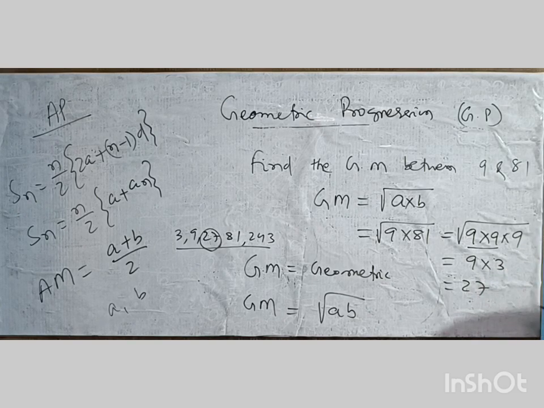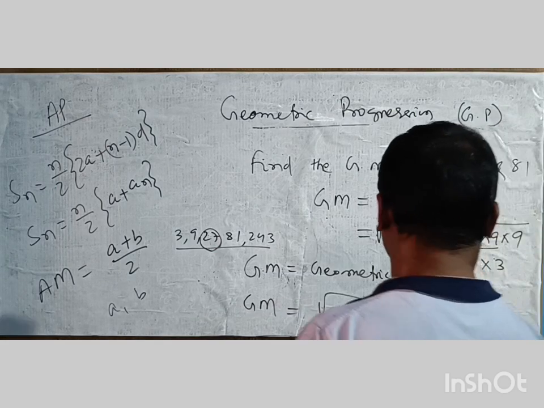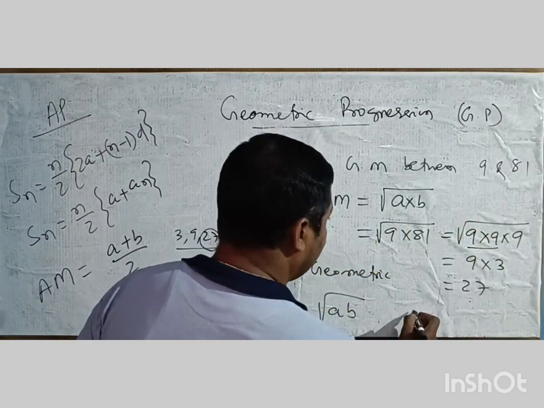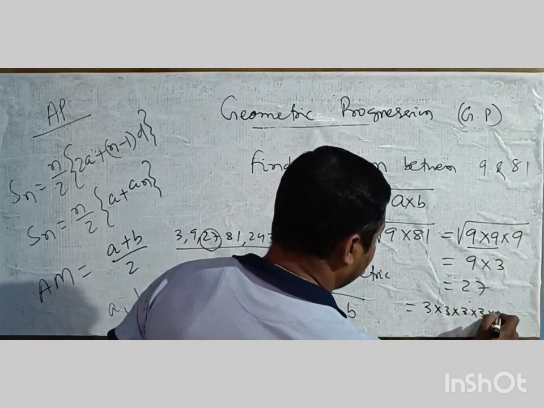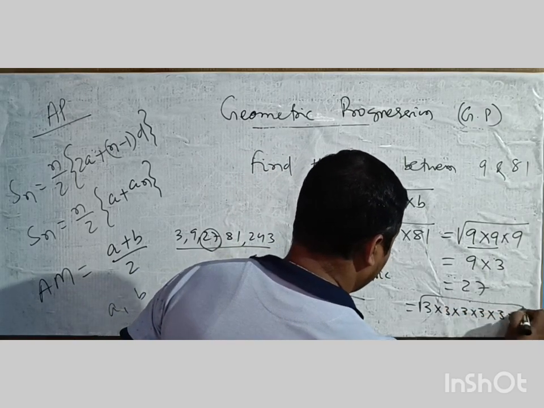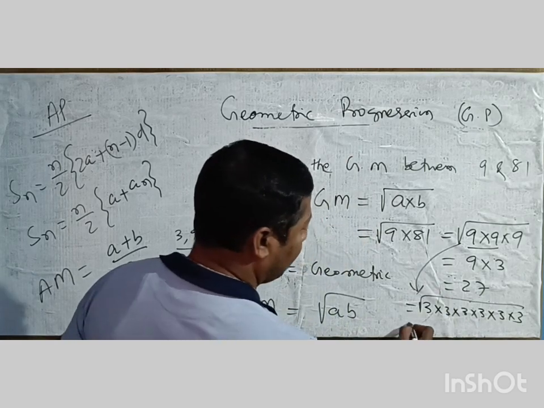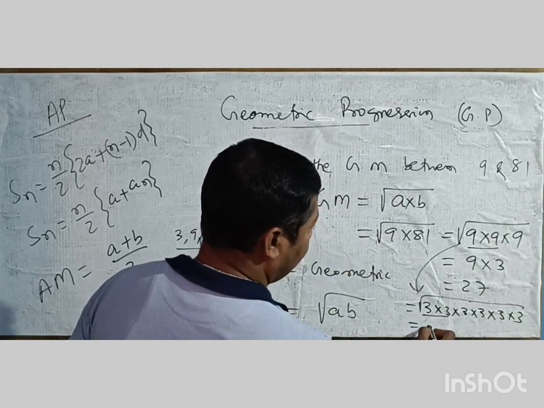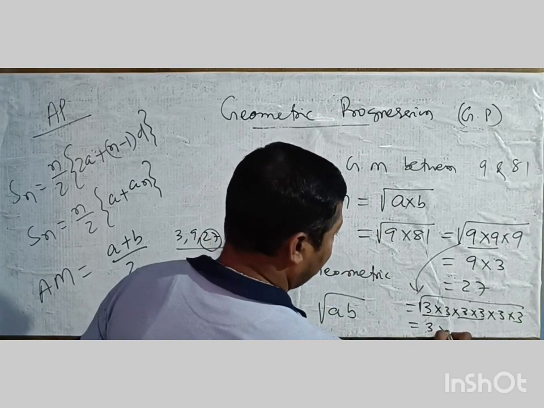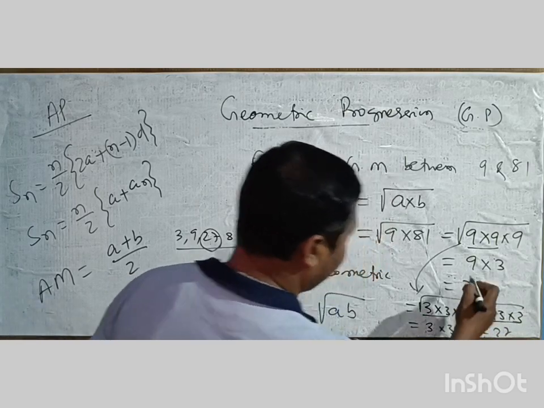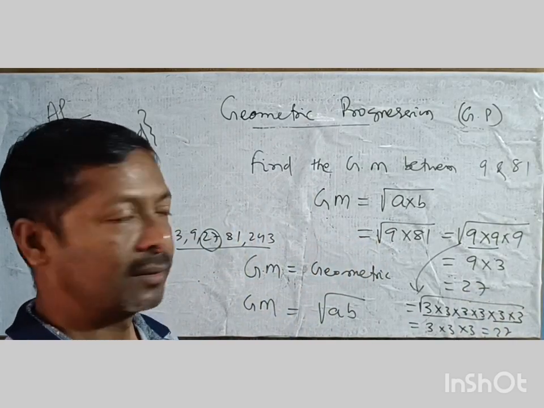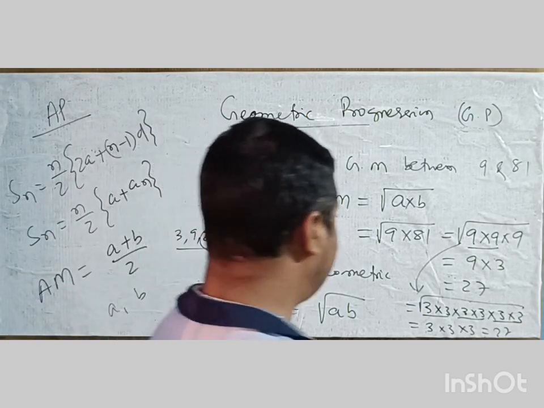So 9 into 3 is 27. If you are not understanding clearly, then write it down as 3 into 3, 3 into 3, 3 into 3. Again, I am taking from these, 3 into 3 from the 3s. So this is 27. Like this. So this is the GM.